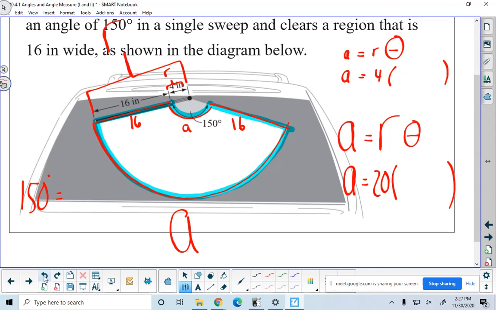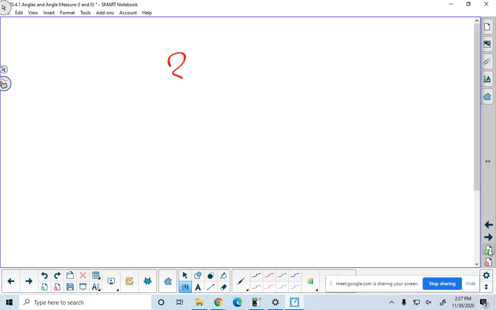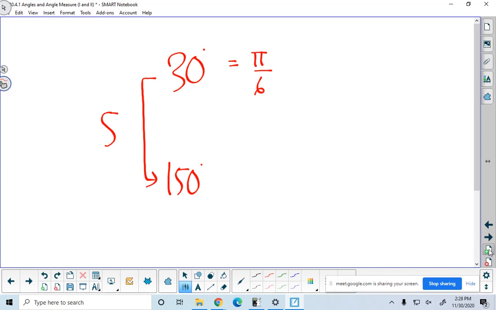But 150 degrees is a multiple of 30. And 30 degrees is pi over 6. So 30 degrees equals pi over 6. 150 degrees is 5 30-degree chunks, so it's 5 pi over 6.